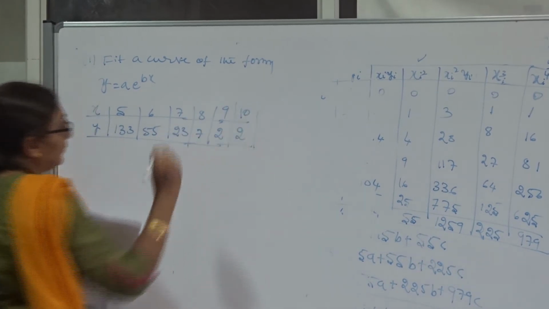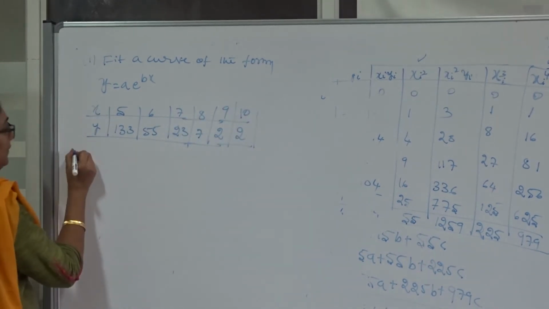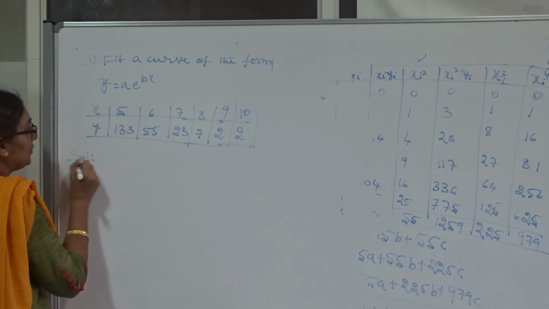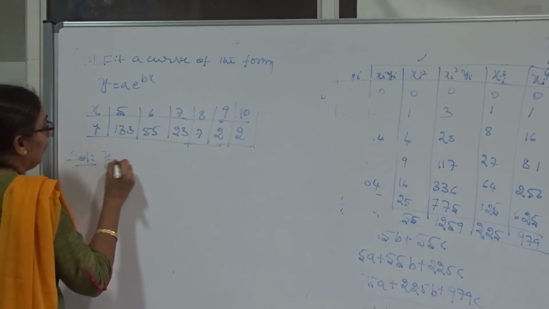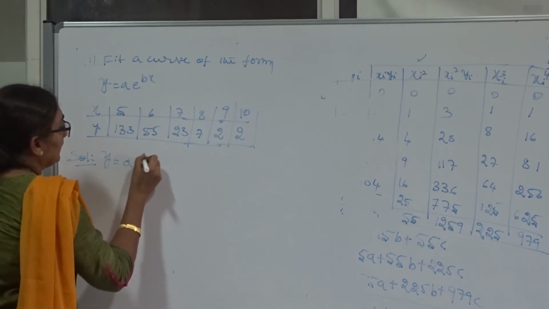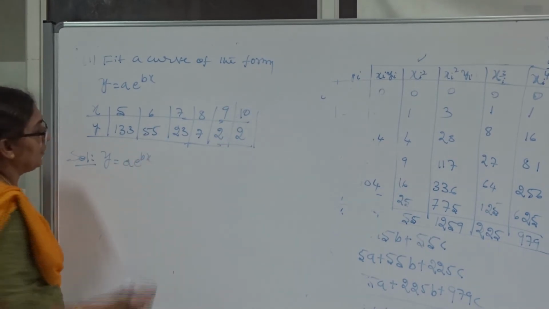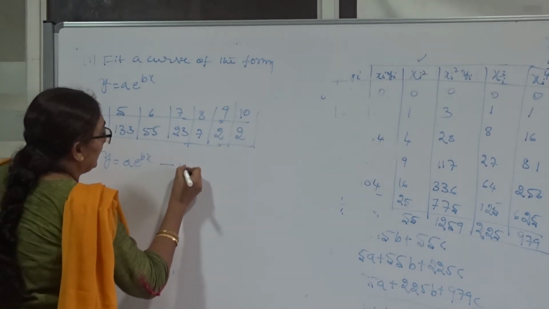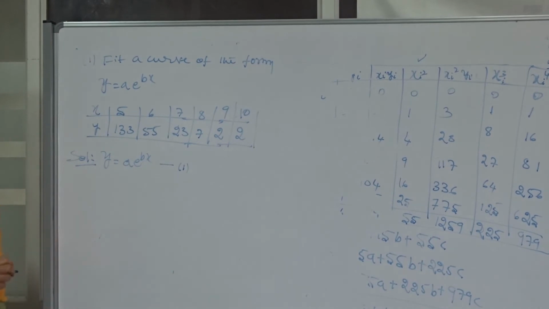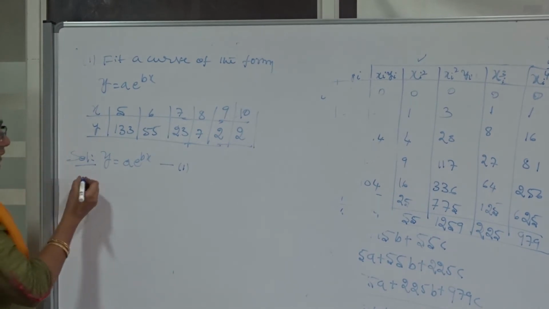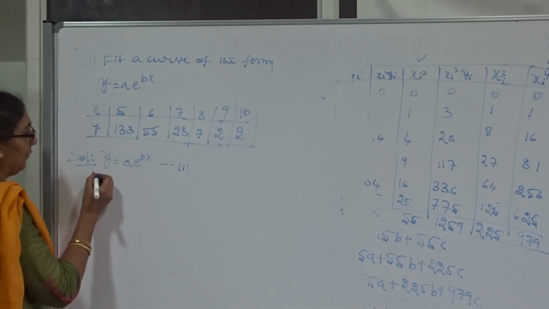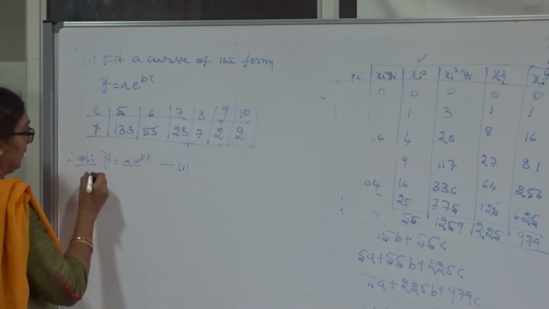This is the data they provide. The given equation is y equals a e to the power of bx, the general equation they already mentioned. But this equation is not in linear form, therefore now I have to take log on both sides, to convert it into the form of a polynomial.